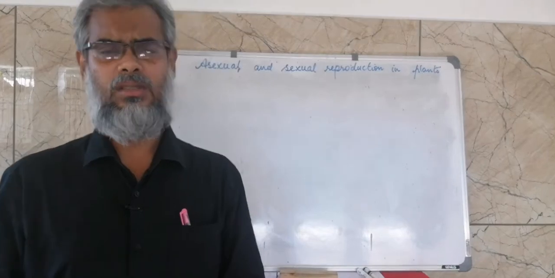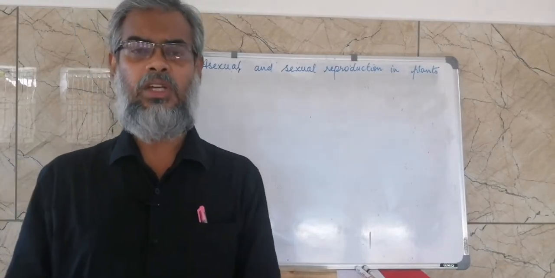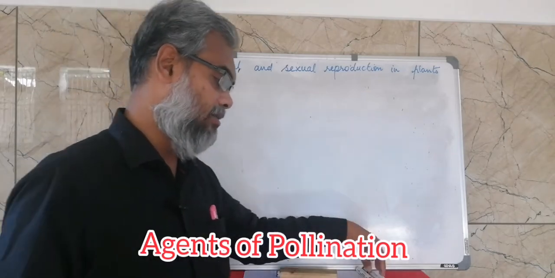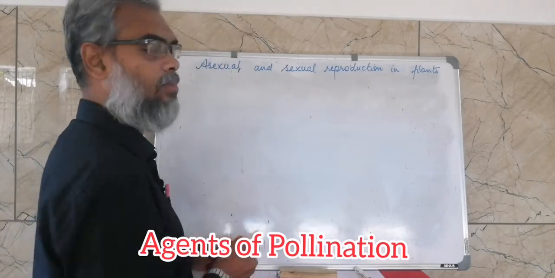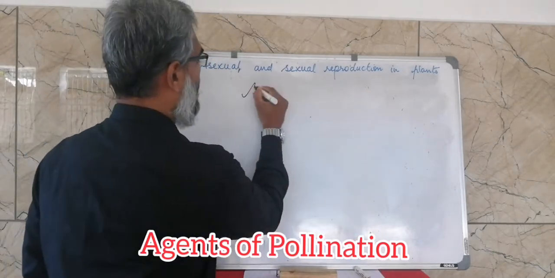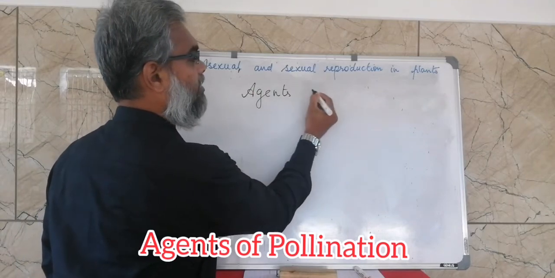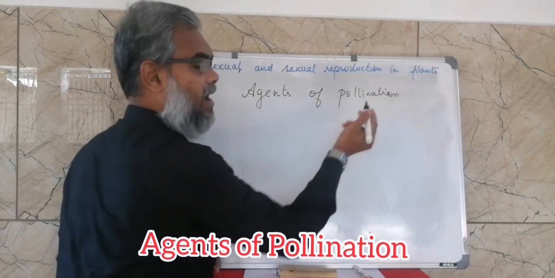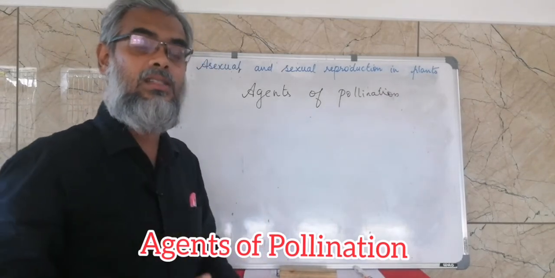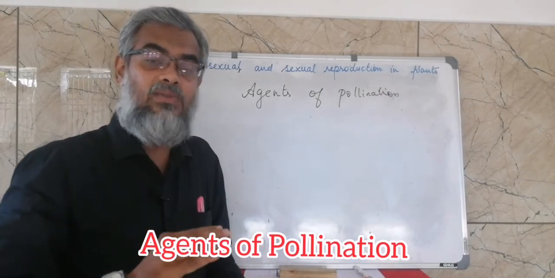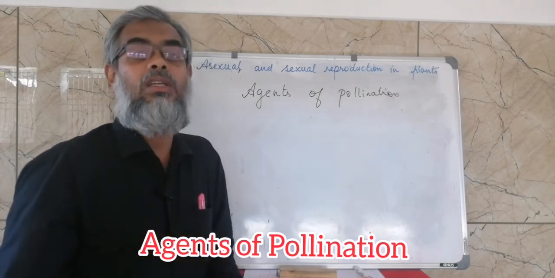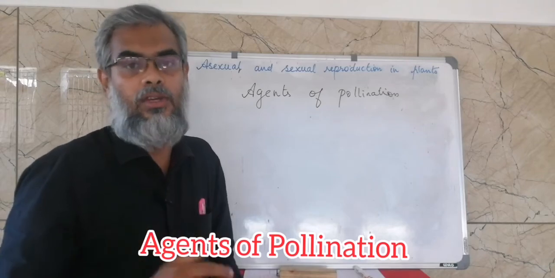My dear students, now in this video you will be learning about the agents of pollination. When we speak about agents of pollination, these are the factors responsible for transferring pollen grains from the male part to the ovule, the female part.